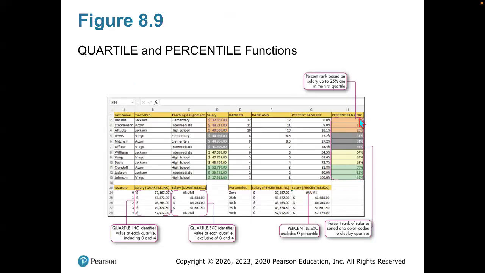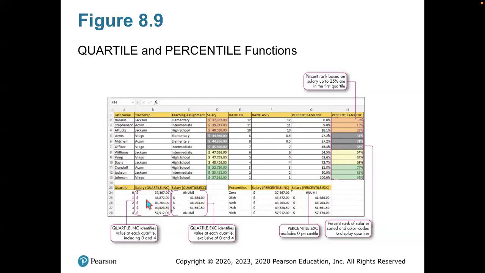This is saying this salary is in the 8%, 15%, 23%, 31%, 46%, etc. And we can use conditional formatting to make it look pretty like this if we want. Maybe I want the first quartile to be in orange, the second in gray, the third in yellow, etc. I can do things like that.